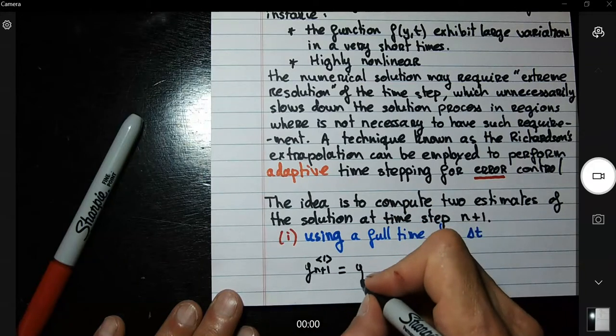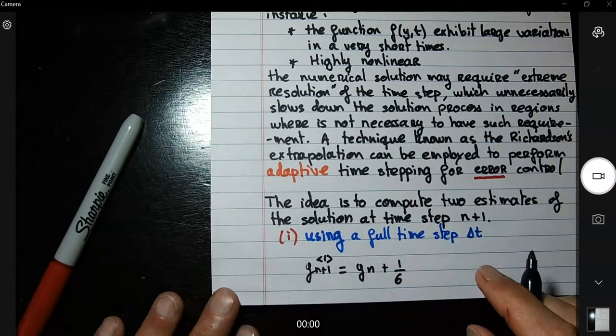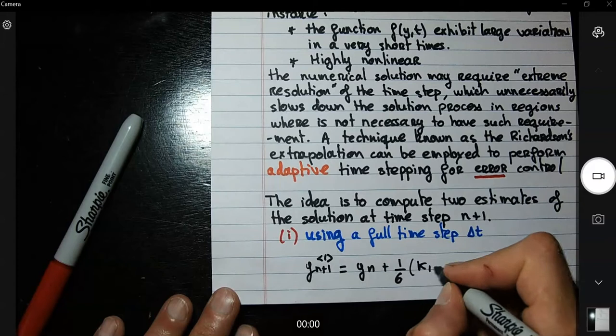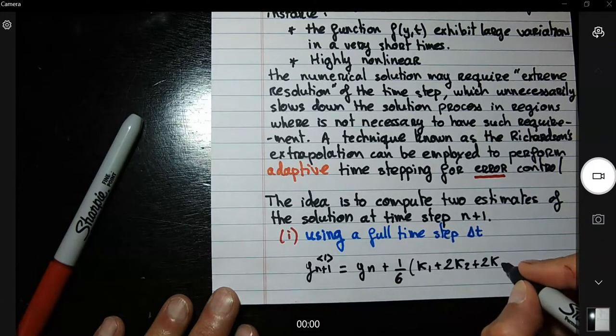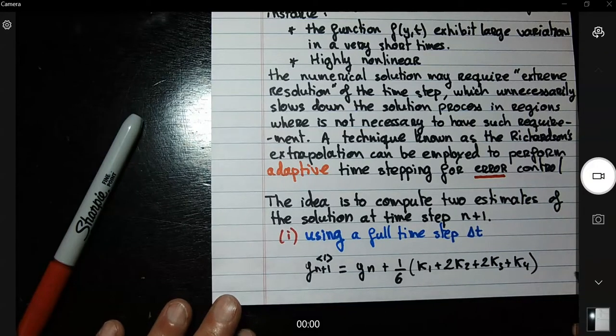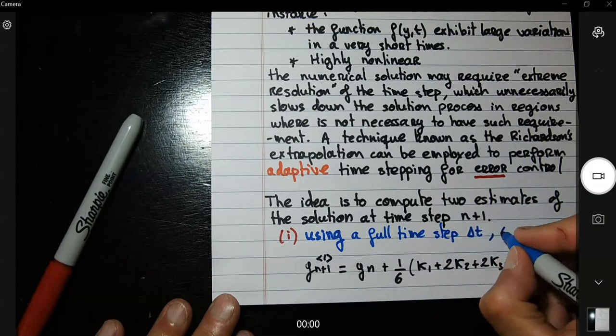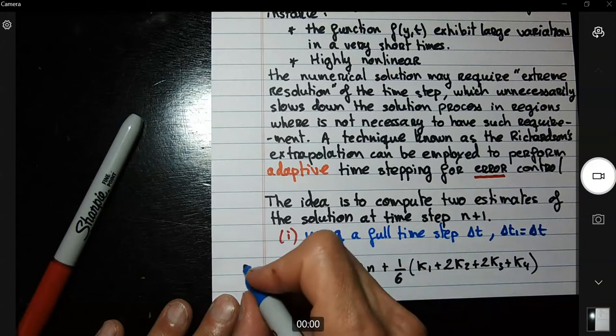It will be y_n plus 1/6 of k1 plus 2k2 plus 2k3 plus k4. So basically this is the normal Runge-Kutta rule, but you calculate it using the time step delta t. So first, delta t1 is equal to delta t, and you do this calculation using delta t1.